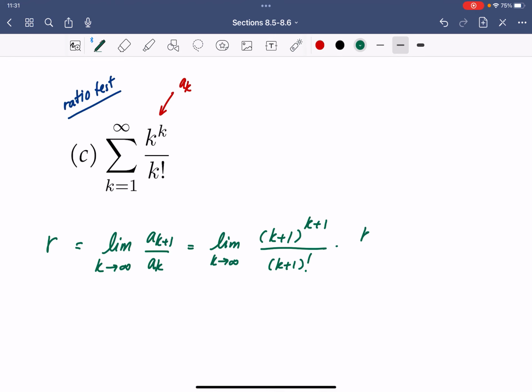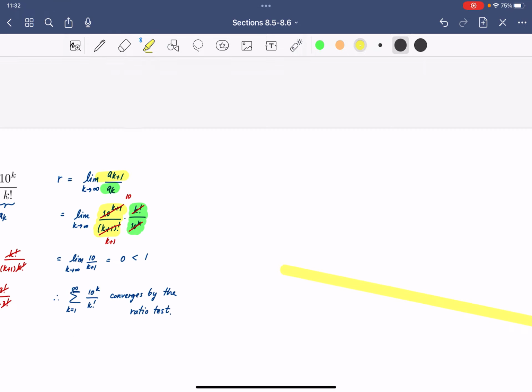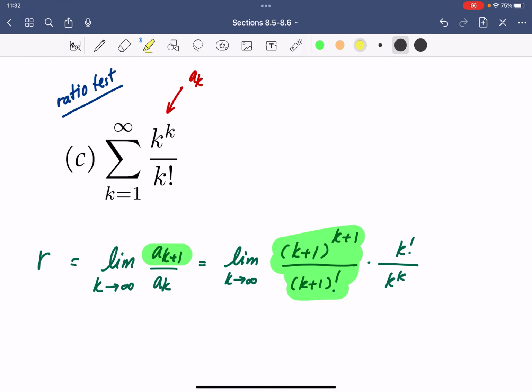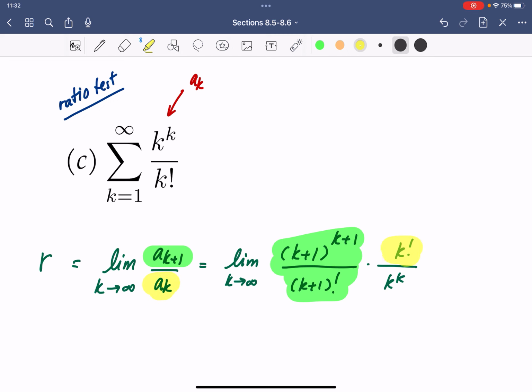And then you have k factorial over k to the k. The green one is the top here, and the yellow one is here. All right.